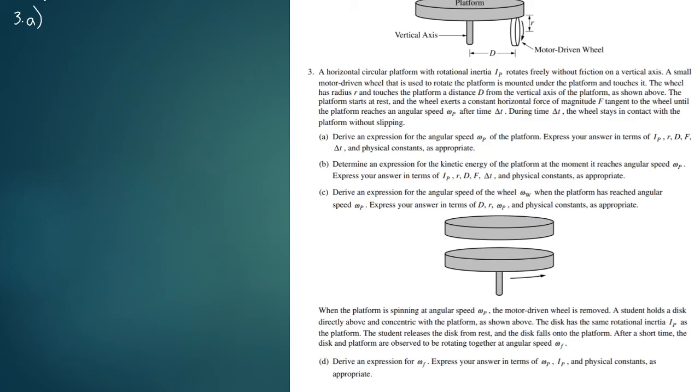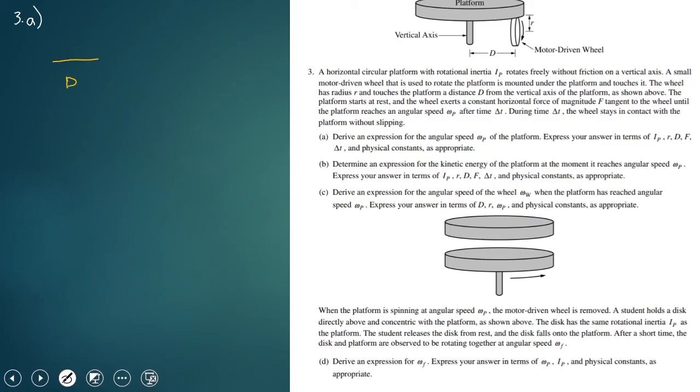Okay, so what we're given is that we have a force of magnitude F tangent to the wheel. So I'm just going to quickly draw what that might look like. I'll use orange. So what I get is that we have our wheel, we have this distance d, right?